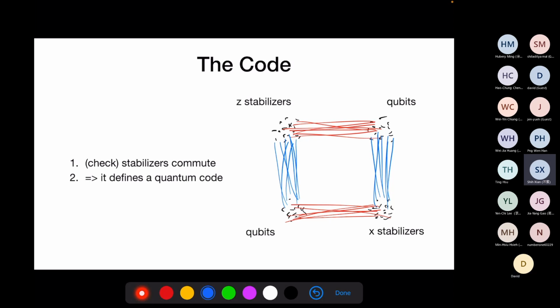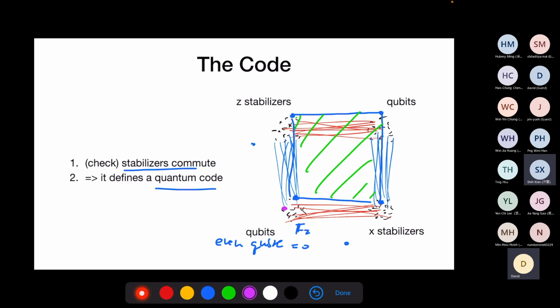If we are considering the previous AQB case, the point you draw here is an AQB state and satisfies S acting on this state equal to its original state, so it is in the code space H.